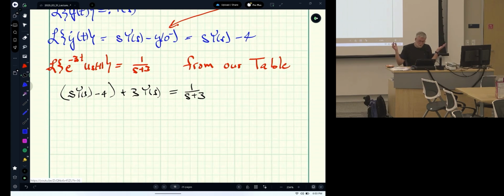I'm going to solve for Y of s. This is algebra. So we end up with s plus 3 times Y of s plus 4 equals 1 over s plus 3.